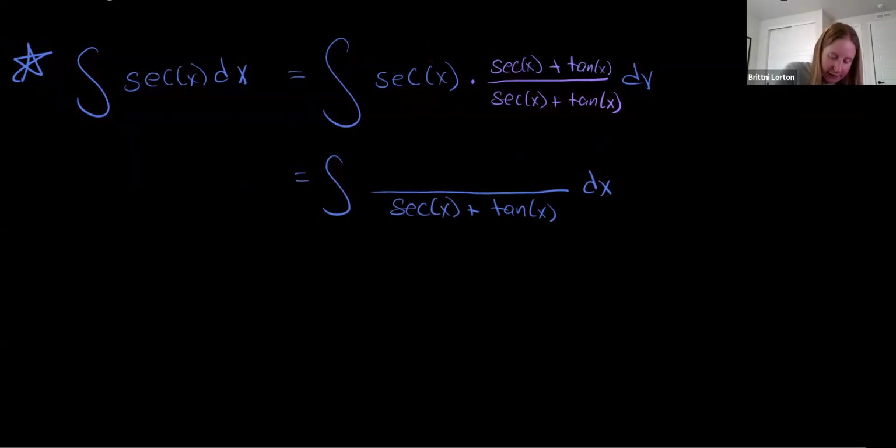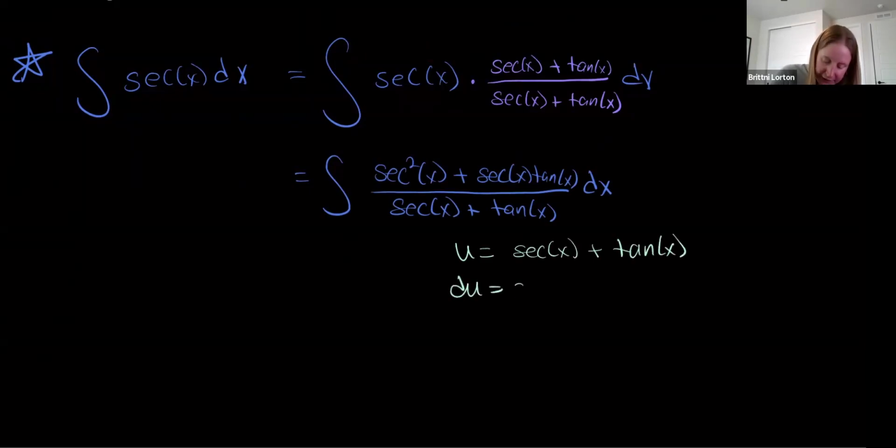That becomes secant squared of x plus secant of x times tangent of x. Then I can do a nice use of u-sub: let u be that entire denominator, secant plus tangent. Then du, the derivative of secant, is secant of x tangent of x, plus the derivative of tangent, which is secant squared of x.